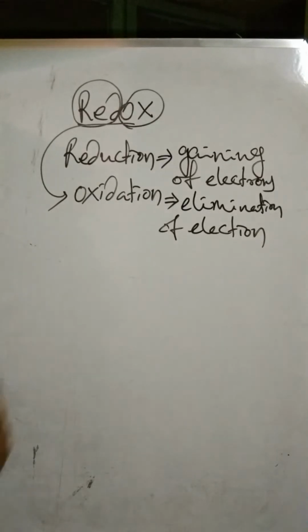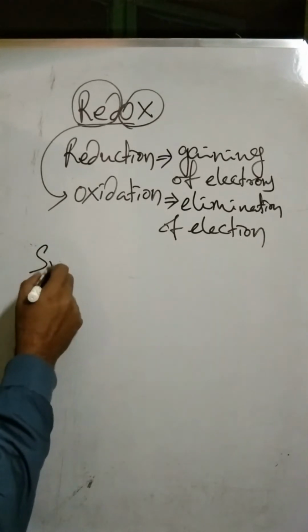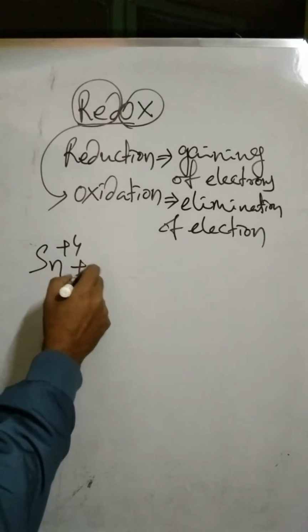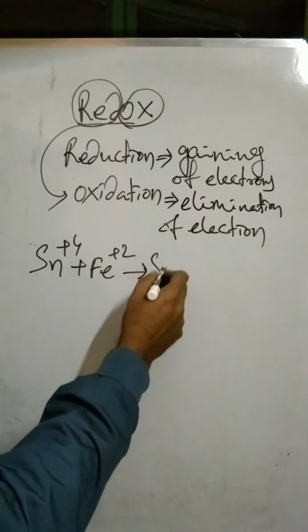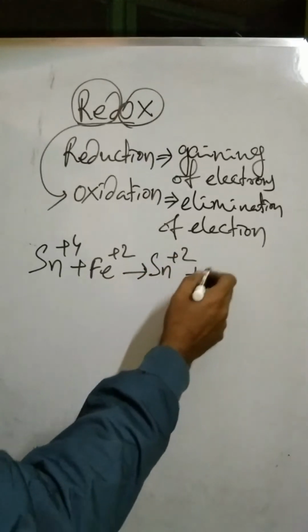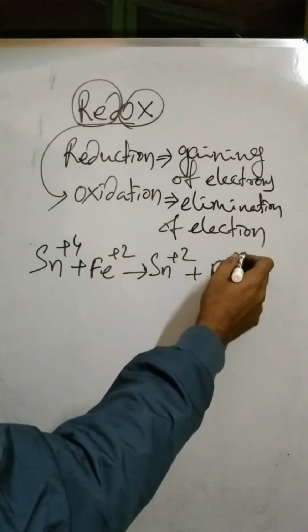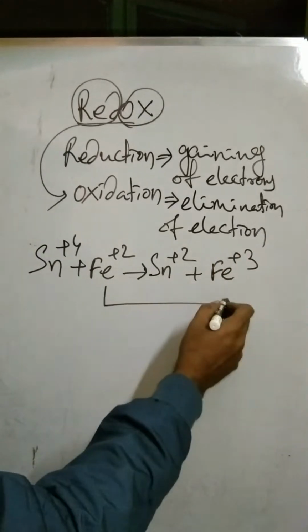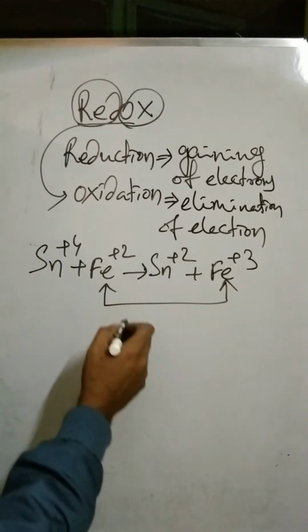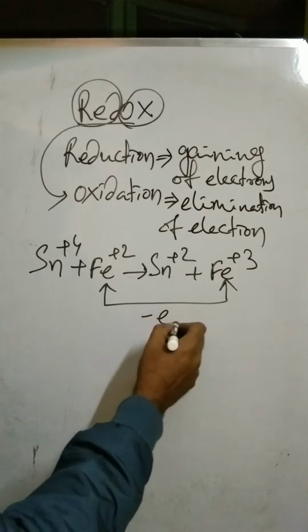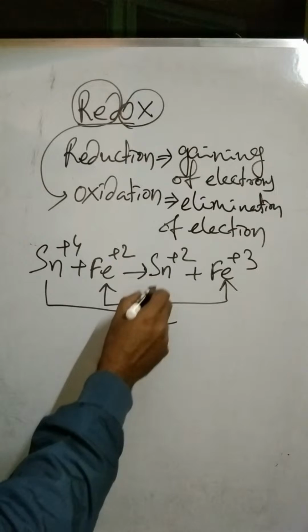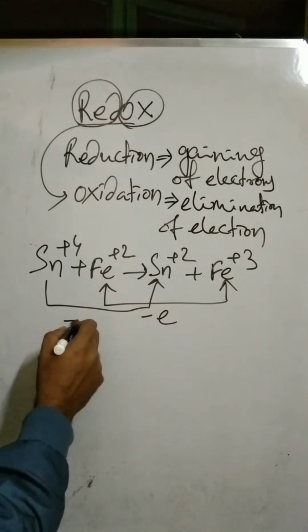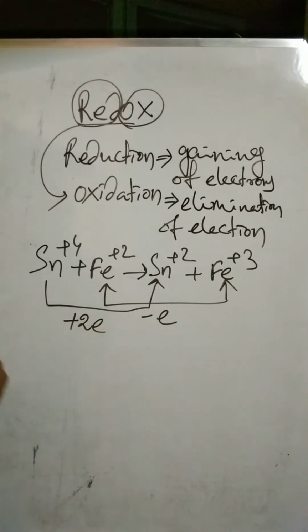That is, in the reaction of Sn plus 4 plus Fe plus 2 to Sn plus 2 and Fe plus 3, here an electron is eliminated. So this is minus electrons, one electron is eliminated, and in the case of Sn plus 4 to Sn plus 2, two electrons are added.